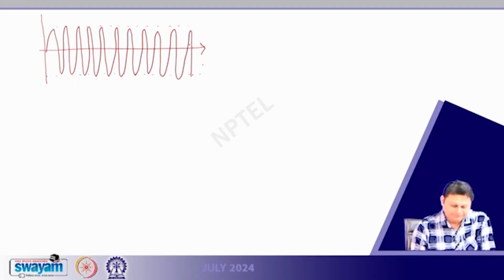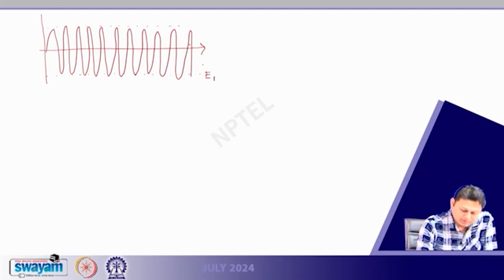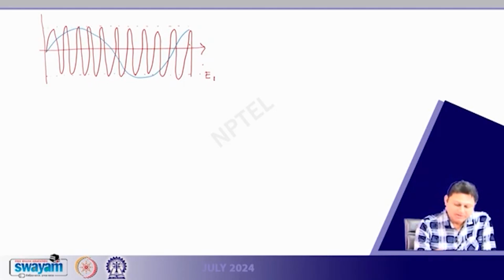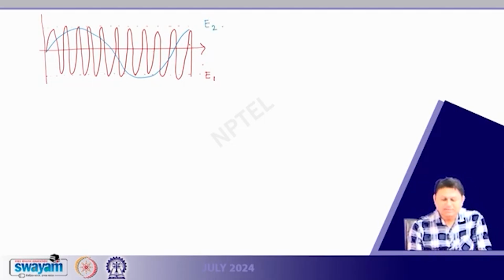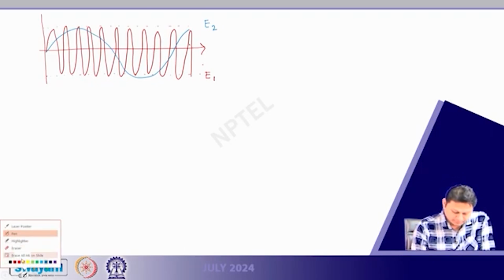This is one wave, and this is my E1. Another wave I also draw whose frequency is less, and it is something like this. On top of that I draw, and this is my E2. So if I add this E1 and E2, the resultant wave will have a form like this.